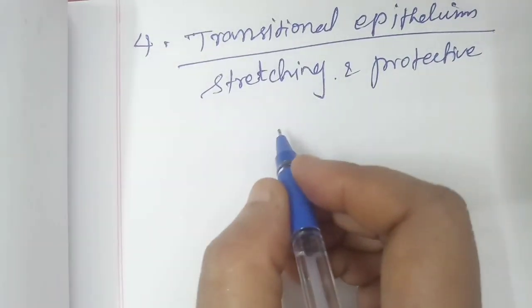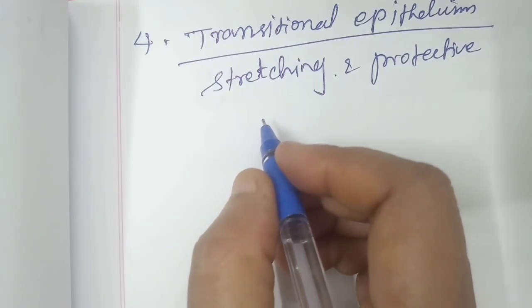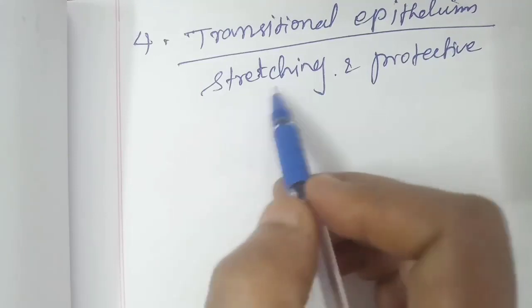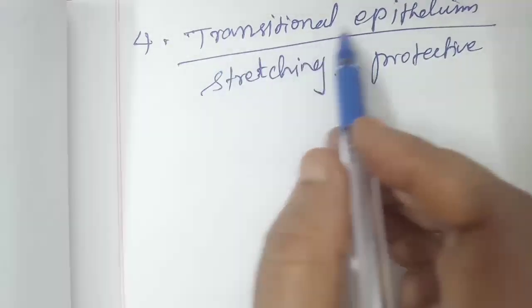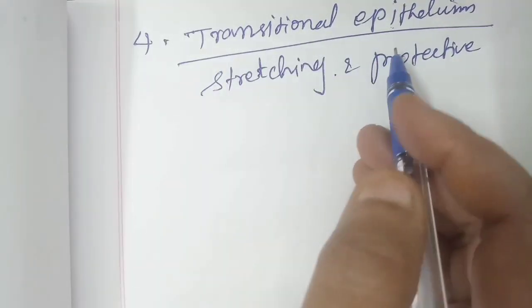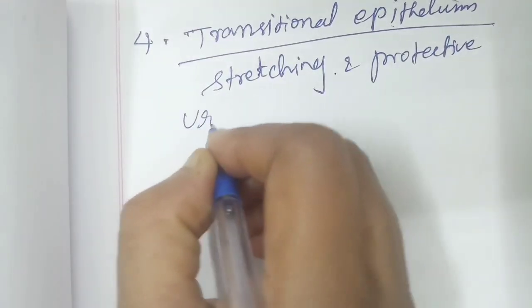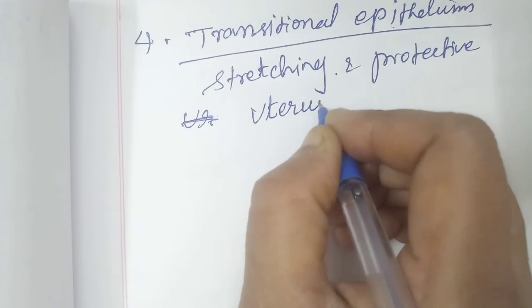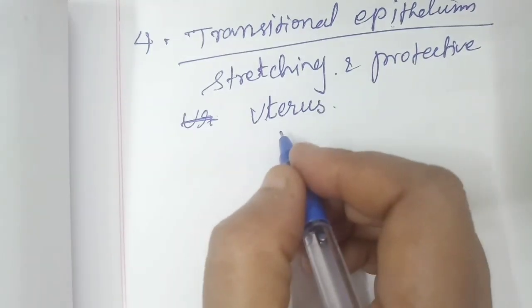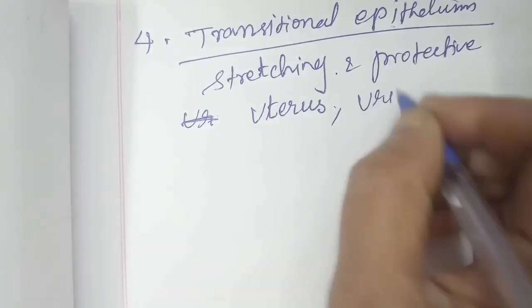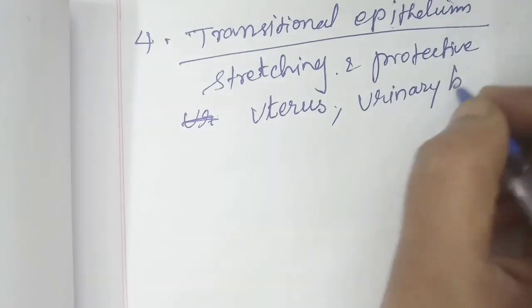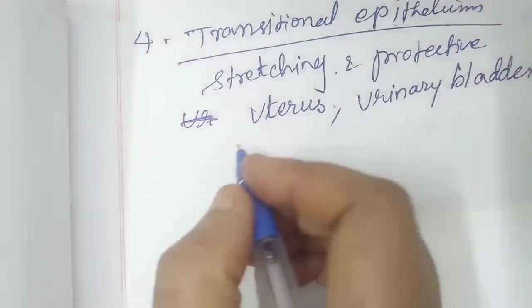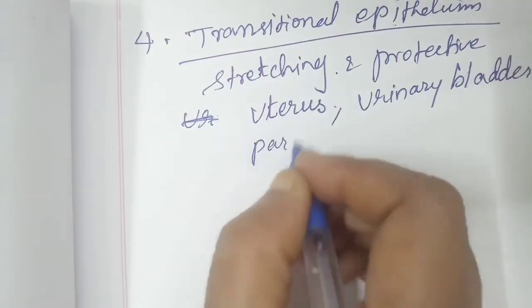Stretching means like elastic, it may extend and contract, that is why it is used for stretching. Transitional epithelium can be seen in the lining of the uterus, the urinary bladder and part of the urethra.